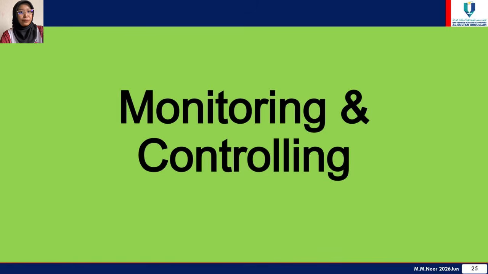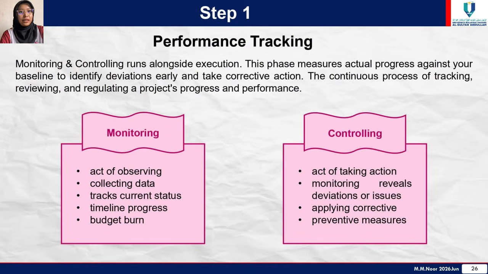Fourth phase, monitoring and controlling. Step 1, performance tracking. Monitoring and controlling runs alongside execution. This phase measures actual progress against baseline to identify deviation early and take corrective action.